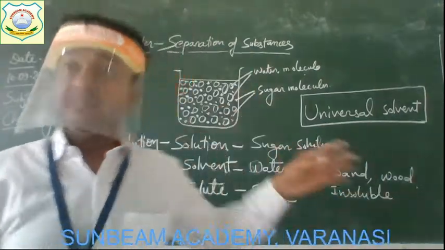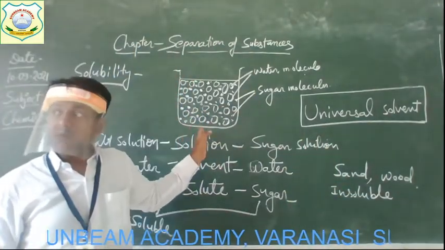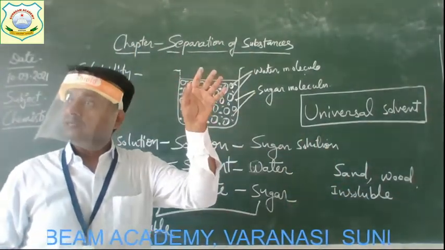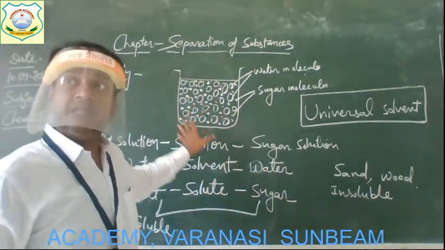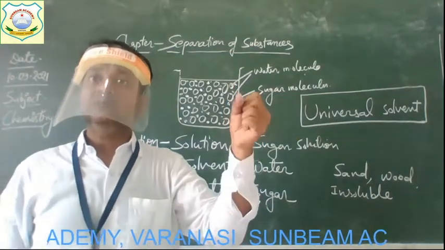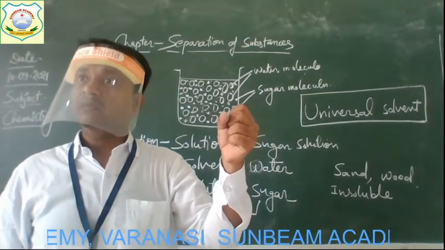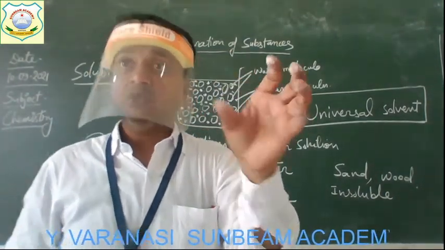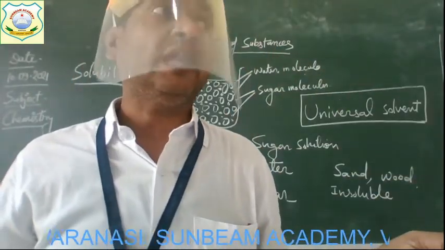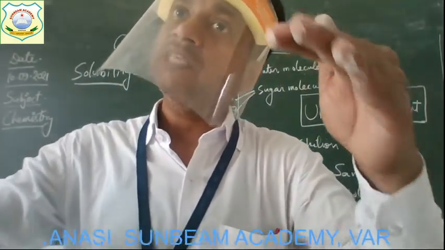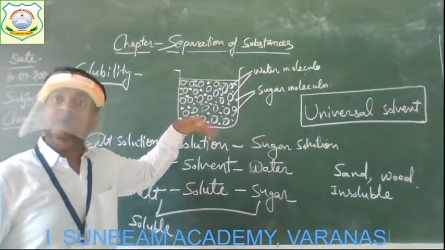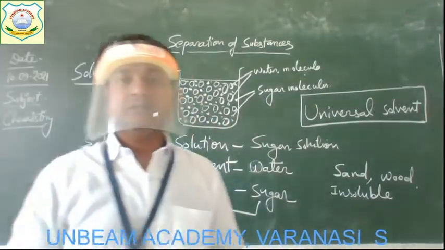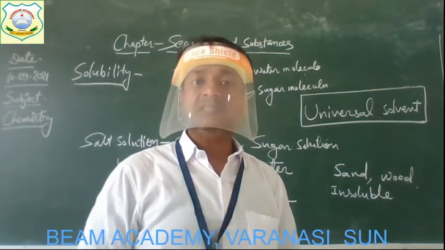So while heating this mixture, all the water molecules get vaporized, and at last what will be left in this beaker? Only sugar molecules. Because sugar is a solid, its molecules cannot be vaporized. It will remain there in the container, and all the water molecules get vaporized. So what is the name of this process?